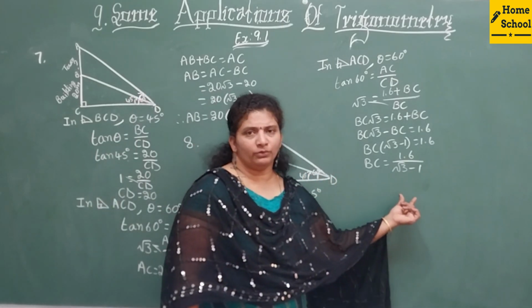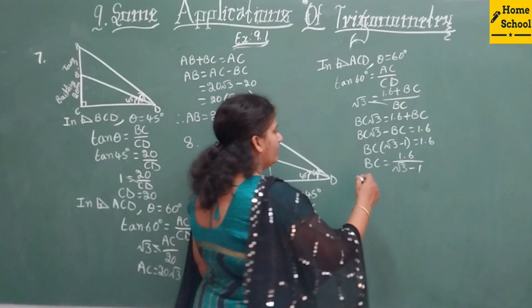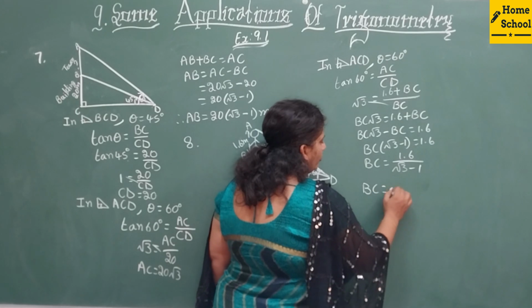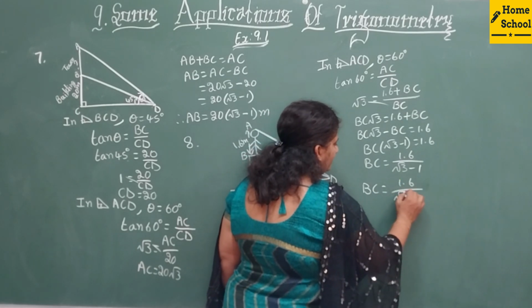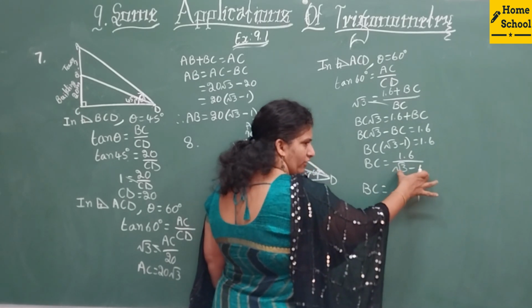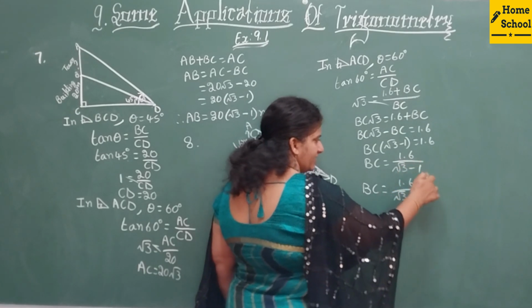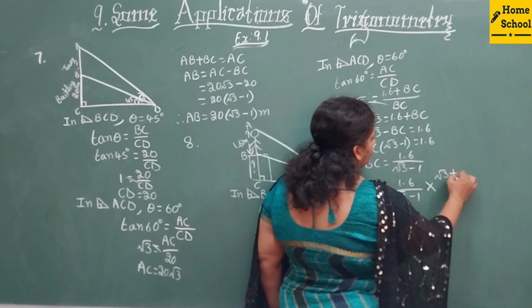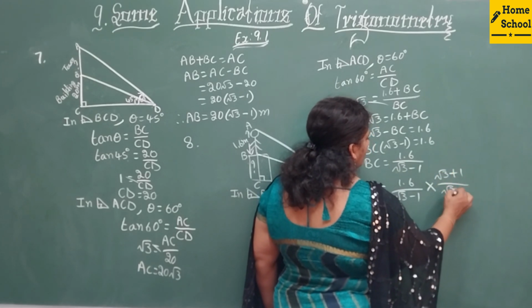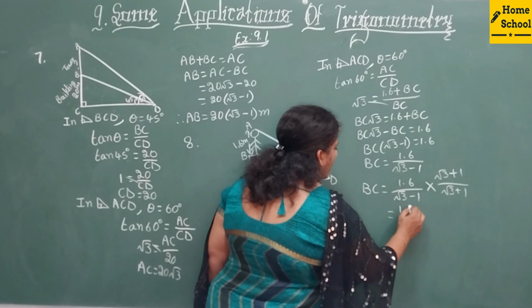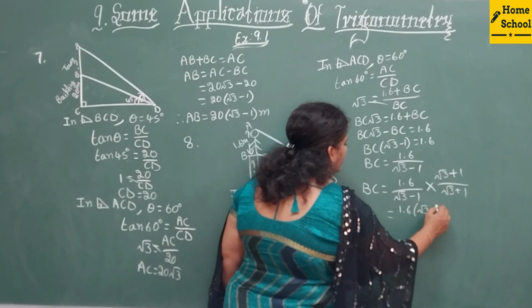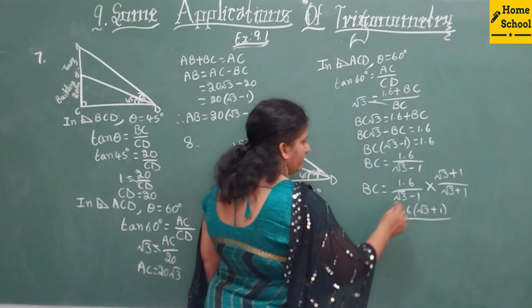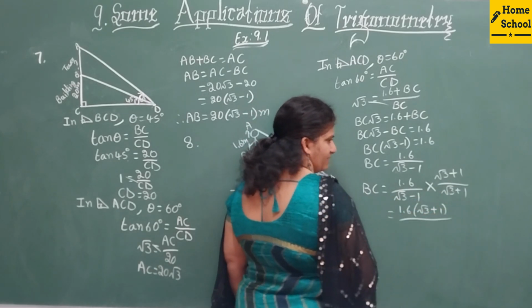Denominator cannot be root 3. So what I need to do? Multiply numerator and denominator by the conjugate of this denominator. What is the conjugate of this denominator? Root 3 minus 1 conjugate is root 3 plus 1. Okay, multiply. 1.6 into root 3 plus 1, by a minus b into a plus b form there.